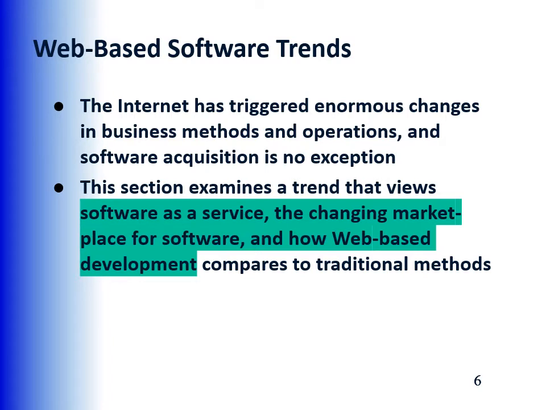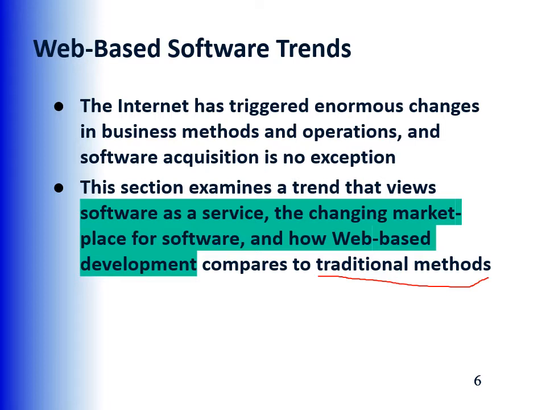This section examines the trend that views software as a service, the changing marketplace for software, and how web-based development compares to traditional methods. Traditional methods here, for example, is client server. In the traditional model, usually software vendors develop and sell application packages to customers.